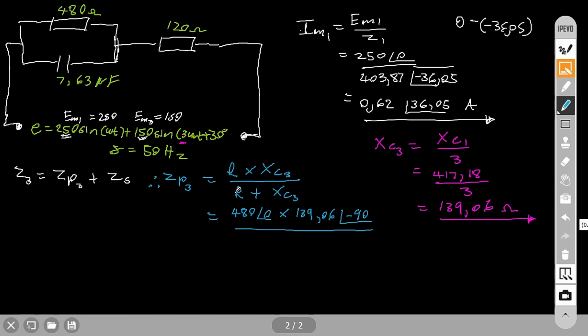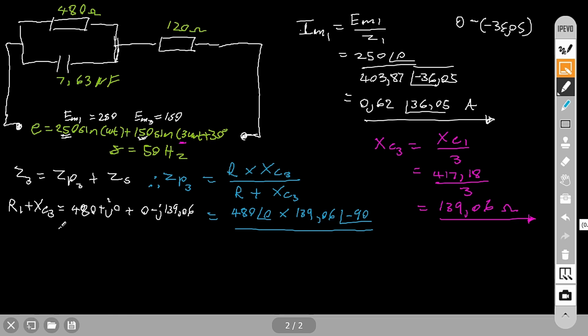You have to use rectangular form to get this one. So R plus XC3 is equal to 480 plus j0 plus 0 minus j139.06.